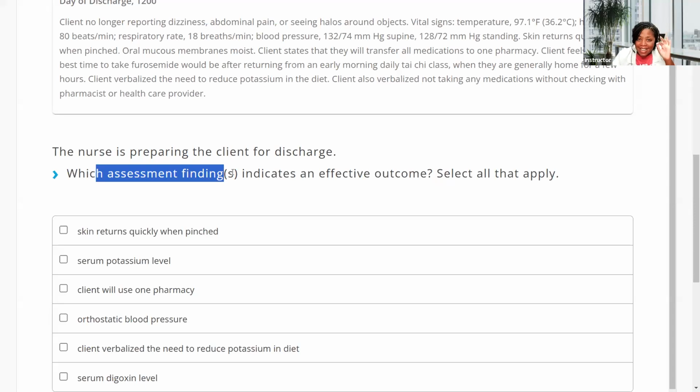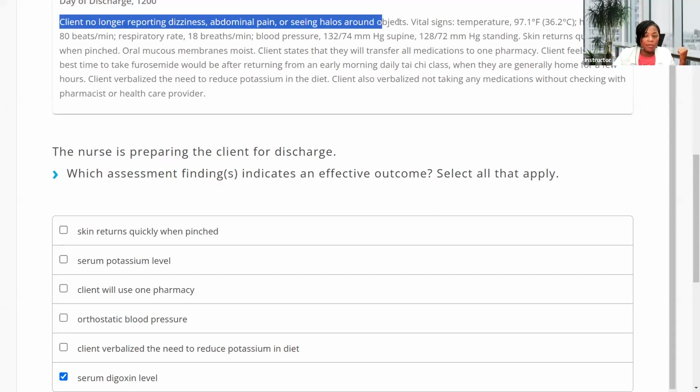That's saying that if we were to draw a new set of labs, we would probably see the digoxin returning back to the normal range. Does that make sense? So if you did choose the digoxin serum level, that is correct, based on the evidence that the patient is no longer reporting these symptoms.